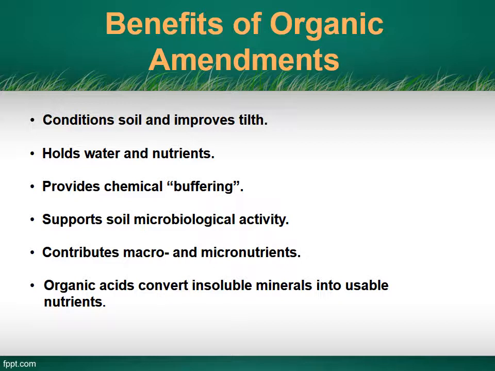Organic matter in the form of compost will actually help to add nutrients. Using a lot of compost that's made from a wide variety of different materials will provide a lot of micronutrients to your garden. And like I mentioned, the organic acids that organic amendments help to create will help to break different minerals into usable nutrients and will help to lower the pH ever so slightly.